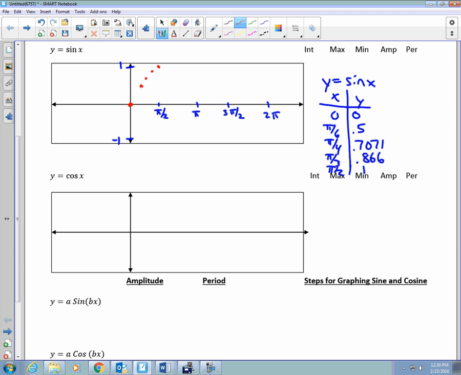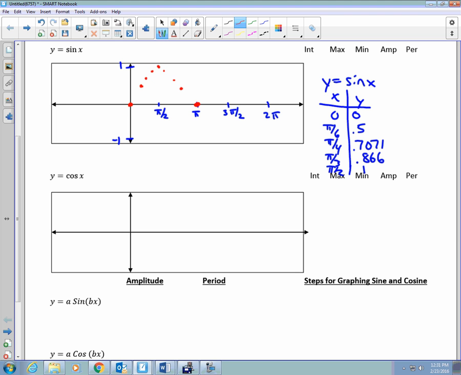Kind of interesting, huh? It repeats those same values on the way back down, doesn't it? Like when we looked at the unit circle, we could say it's going to do those same pieces, right? And then the sine of pi was 0. Remember what the sine of 3 pi over 2 was?